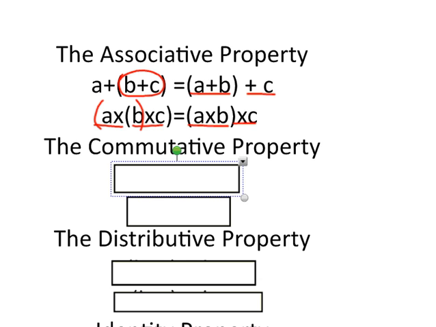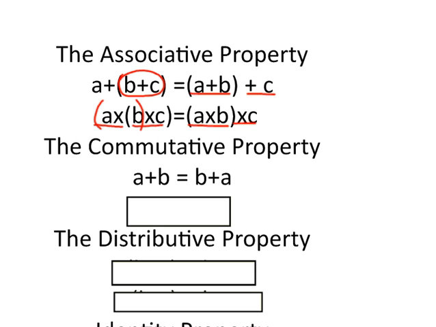The commutative property says that in addition, we can switch them around. A plus B is the same thing as saying B plus A. We switch which comes first. Multiplication, the same thing. The commutative property of multiplication, A times B is the same as B times A.